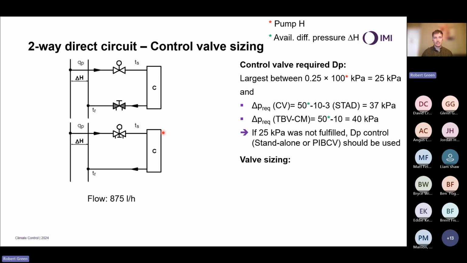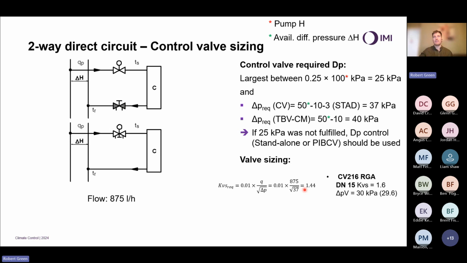So let's have a look at sizing a valve here for 875 litres an hour. First of all, at 37 kilopascals, being the larger of the two figures, what would the KV, the capacity for flow, be for a valve if we could choose the exact valve we needed to get 37 kilopascals at design flow?